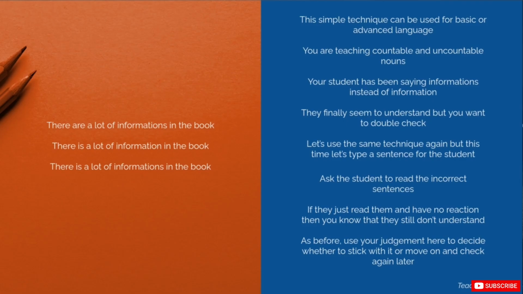What will happen as you teach more and more, you will get a bank, a store of activities that you can use. So when you realize that, okay, maybe this lesson is wrong, I thought this student's level was higher than it really is, here you would need to stop and just move into a completely different activity. And that is something that just comes with experience as you teach more and more classes.